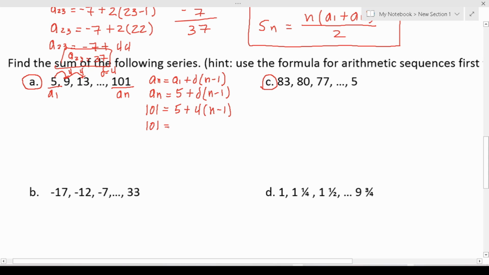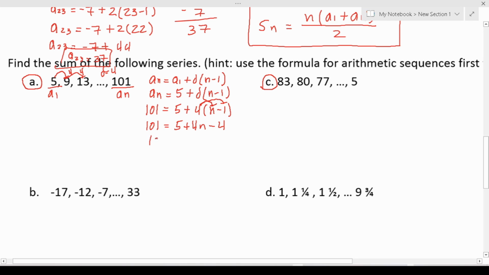This is 101 equals 5 plus, and instead of knowing what n is, we're going to take this 4 and distribute it to n, as well as this -1. So this is going to become 4 times n, or 4n, and then 4 times -1, which is -4.